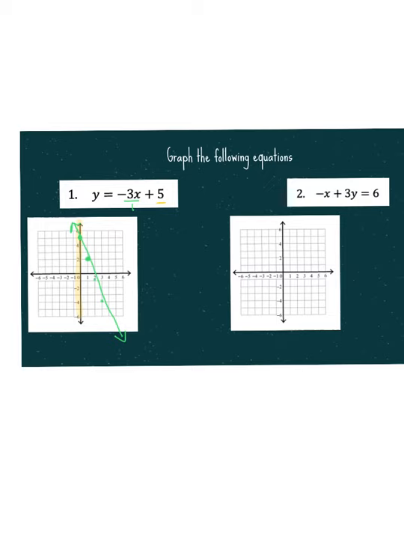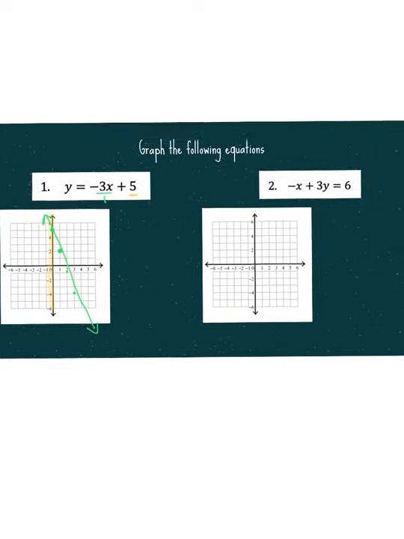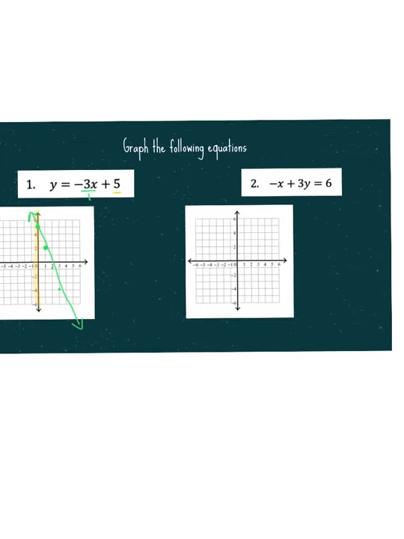Okay, when I'm looking at number 2, I see negative x plus 3y equals 6. Well, that's not y equals mx plus b. So now we have to get it in y equals mx plus b. So I'm going to rewrite negative x plus 3y equals 6. I have to remember that I want to get my x on the right side of the equation.